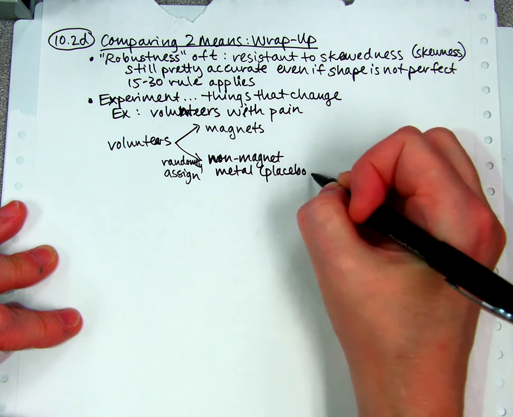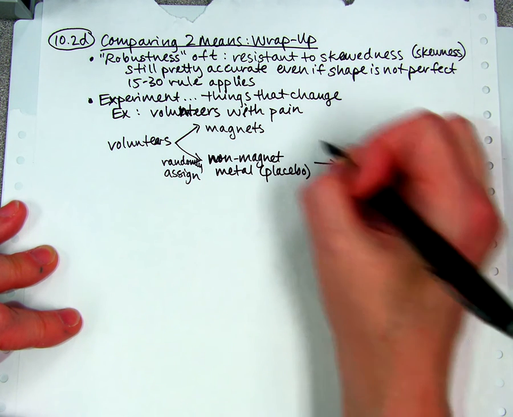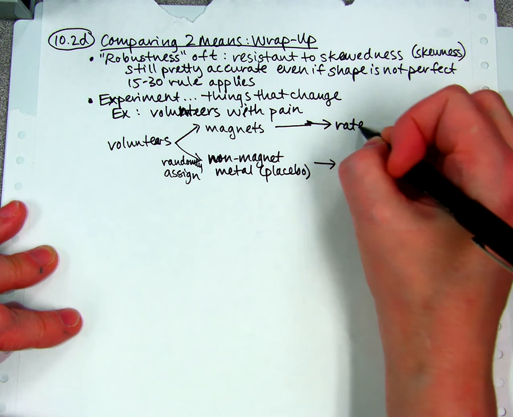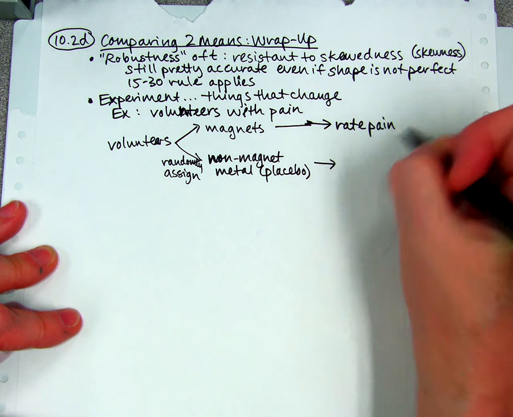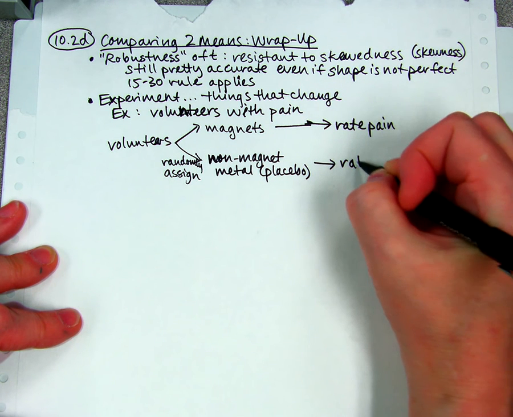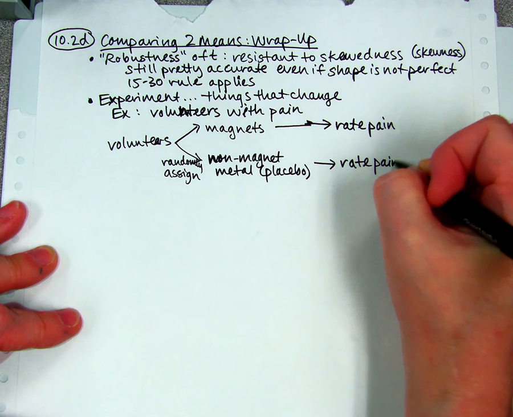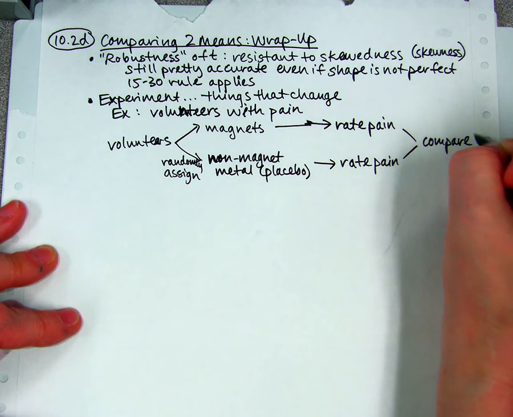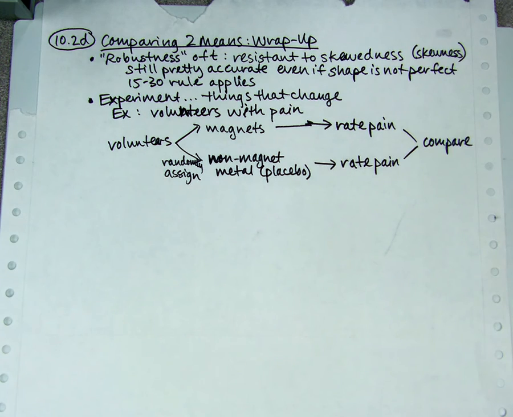And they hold it up against the part of them that hurts, and then they have to rate their pain on a scale of 1 to 10 or something like that. And we're comparing the mean ratings for these people that had magnets versus not. So there's a standard experimental design chart that we learned how to do in chapter 4.